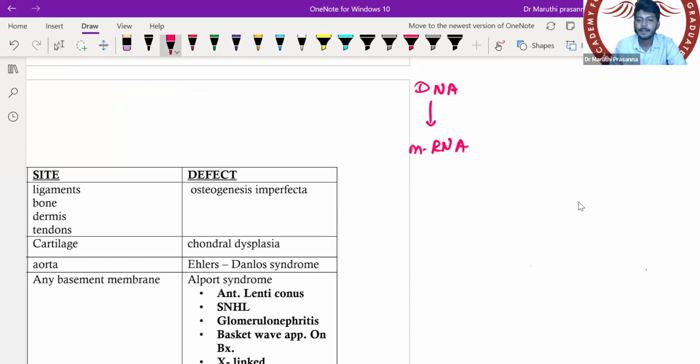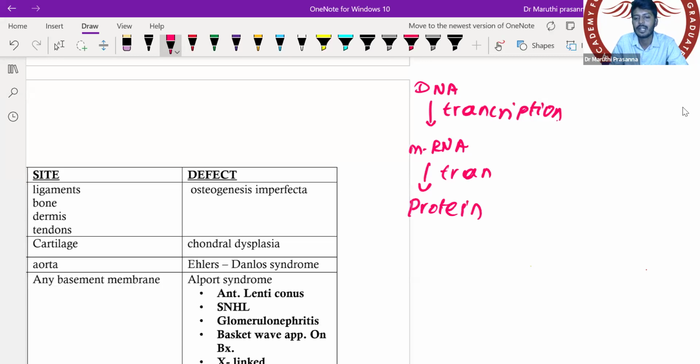We call it transcription. Then from mRNA to protein, we call it translation.